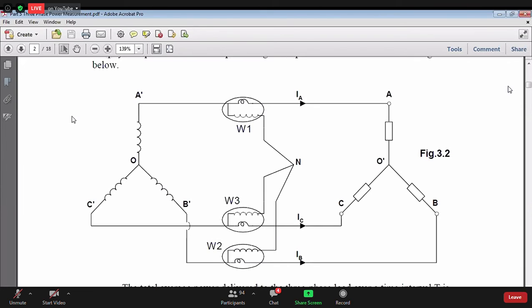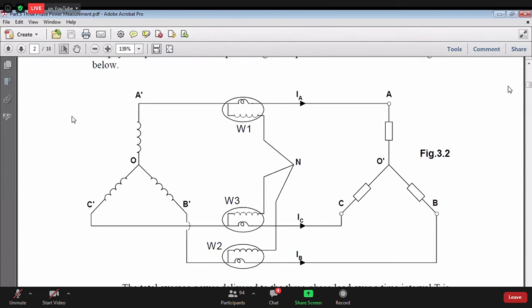So you can consider that these two stars on the source and the load side are the equivalent stars, or the star itself, whatever it is. So don't get confused about why it is only star, why not delta. It is valid for delta also.